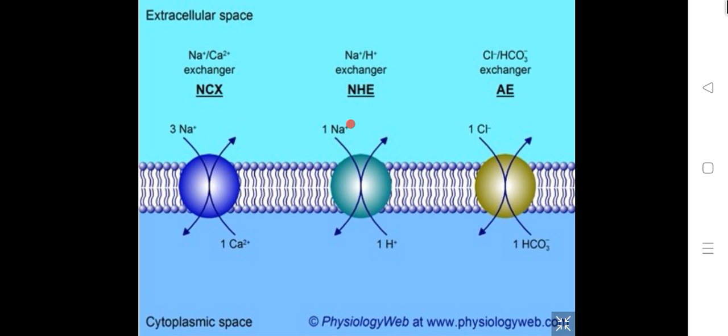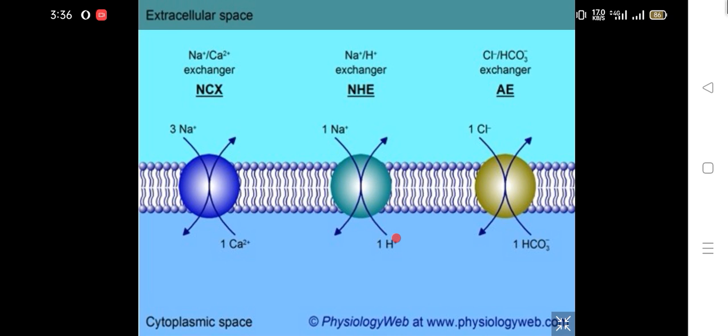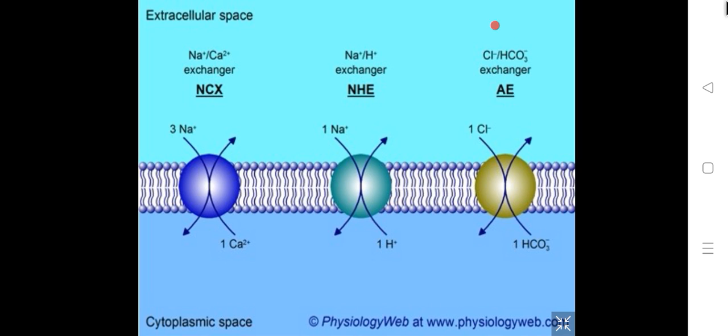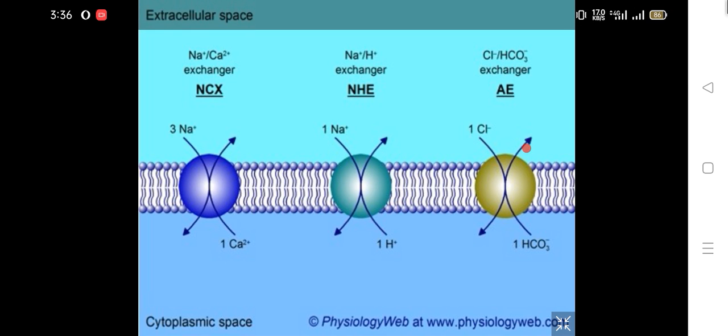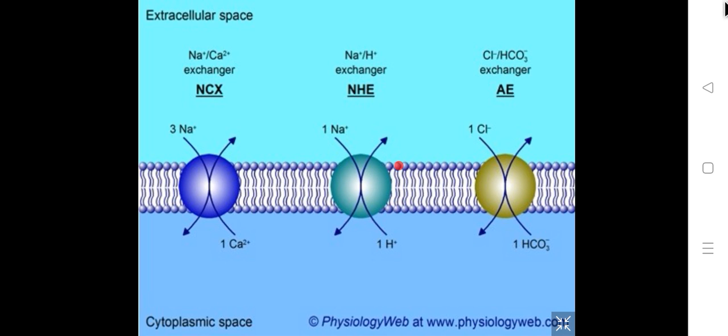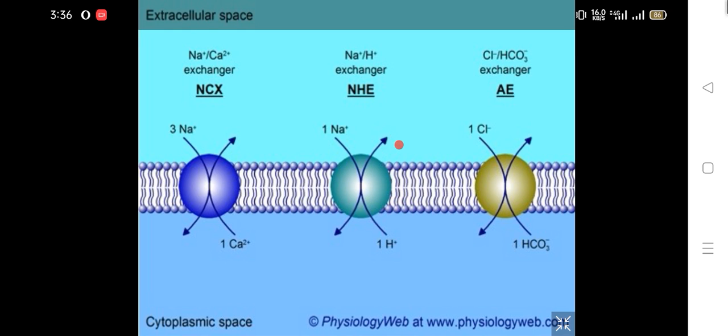Coupling stoichiometry again, 1:1. And then the chloride bicarbonate exchanger, the only one with 2 letters, AE, 1 chloride to 1 bicarbonate. So you're literally exchanging 1 molecule for the other.